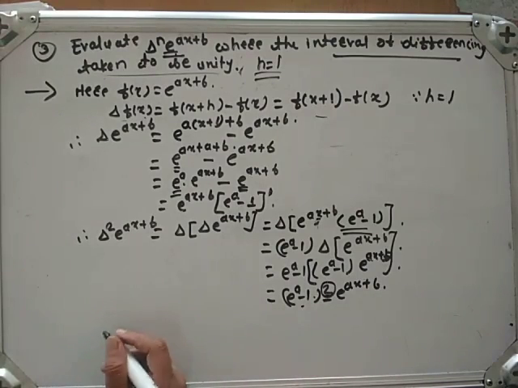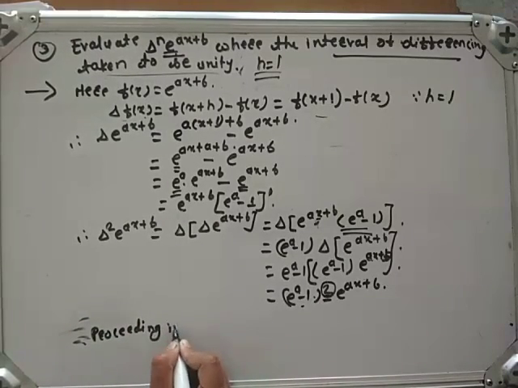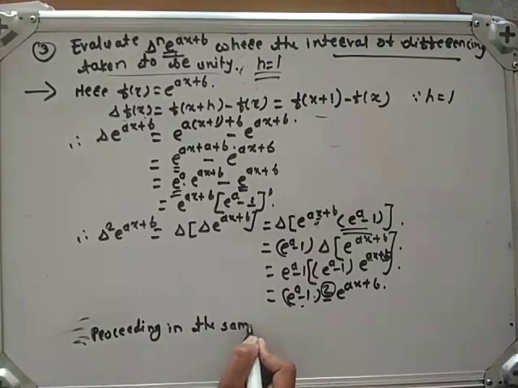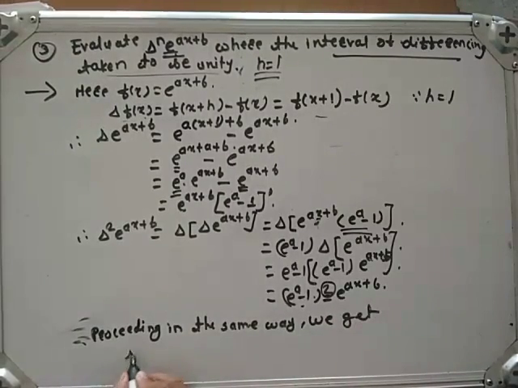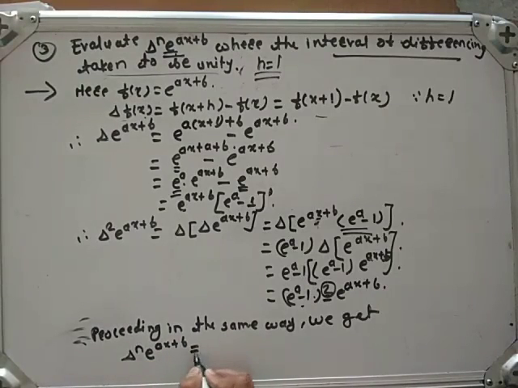So, proceeding in the same way, we get delta raised to n of e raised to ax plus b is equal to (e raised to a minus 1) raised to n into e raised to ax plus b. Okay, we will stop here. Thank you.